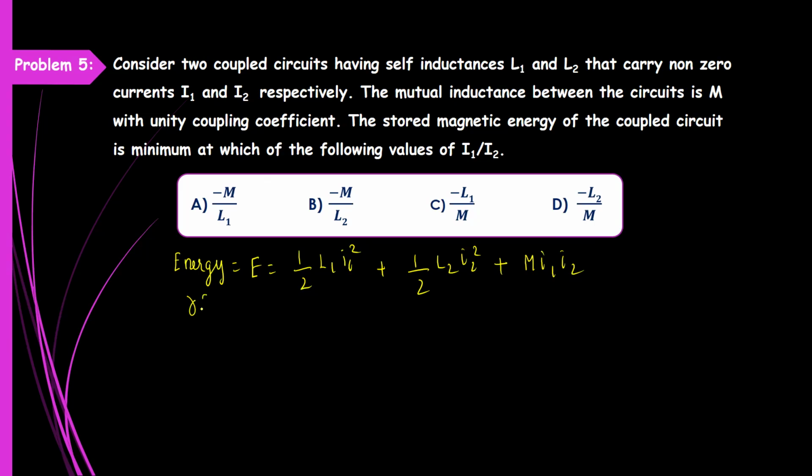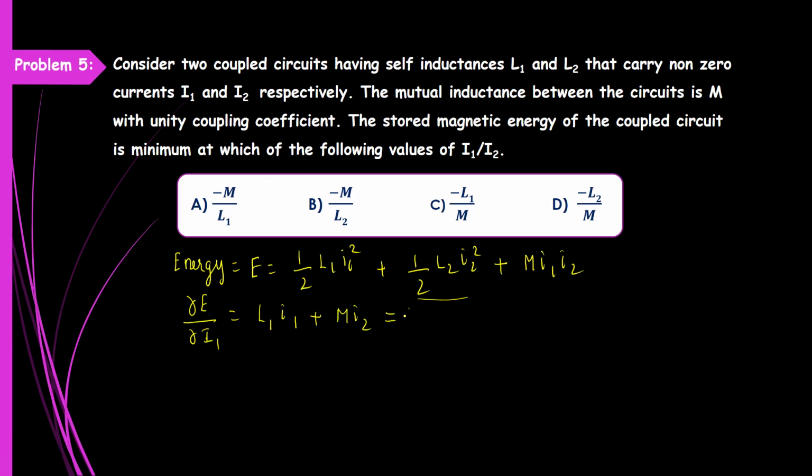So here, now we have to find out at which values of I1 by I2 the energy is minimum. So for that, I'm going to differentiate the energy equation with respect to I1. Okay. So after differentiation, it will become 2 I1. So 2 gets cancelled and it will become L1 I1 plus, and this is a constant, it will become 0, and then with respect to I1 means M into I2.